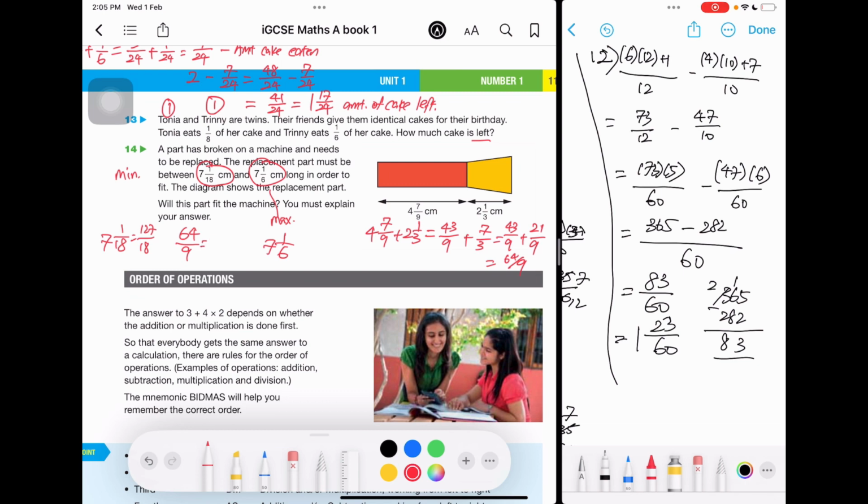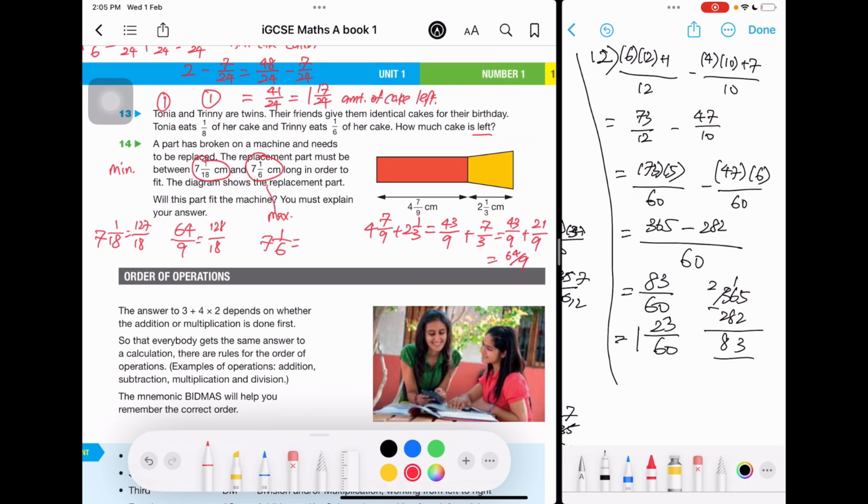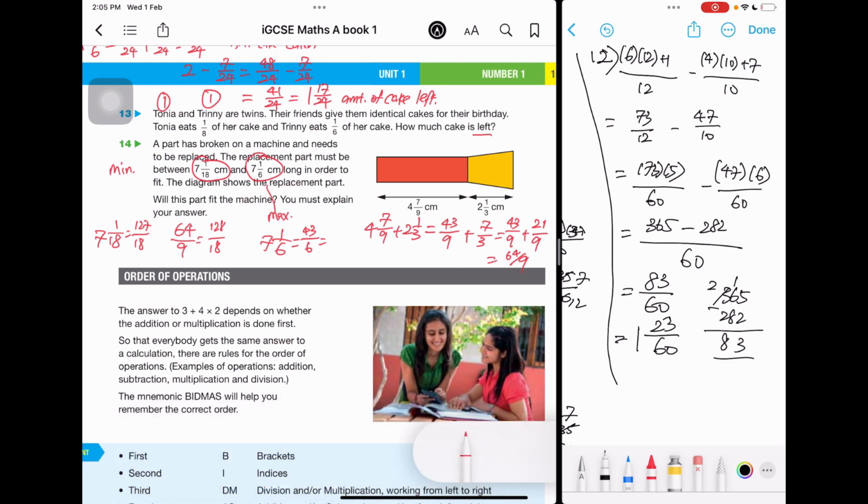And 64/9? 64 times 2 gives you 128 over 18. And what about 7 1/6? 7 times 6 is 42, plus 1 is 43 over 6. If we convert it to a common denominator of 18, you multiply 43 by 3 to give you 129 over 18.